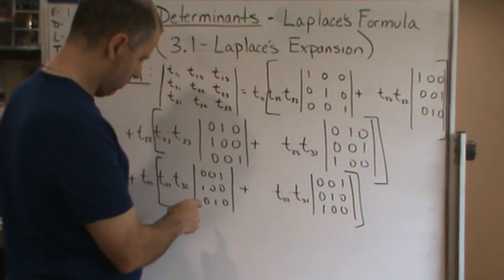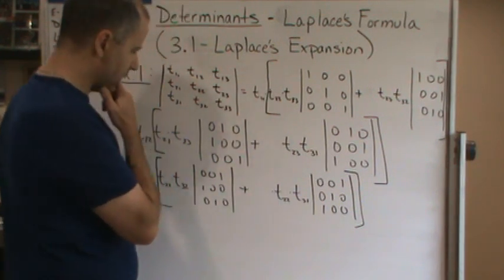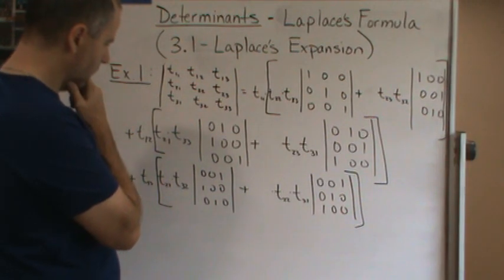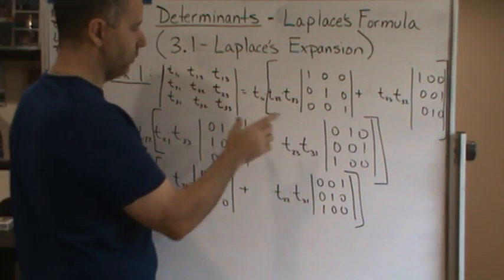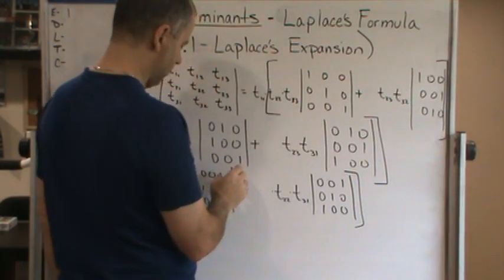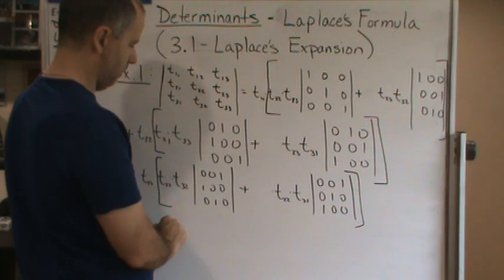And these are going to require 2 swaps. Because what we have is the identity here, and so we're going to want to get the identity here and the identity here.